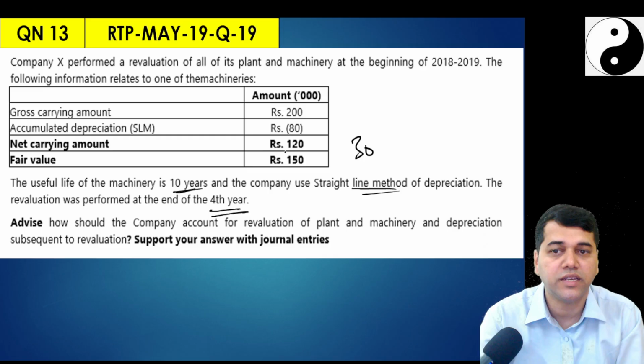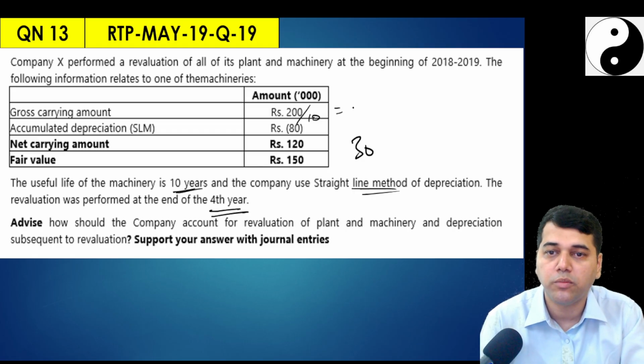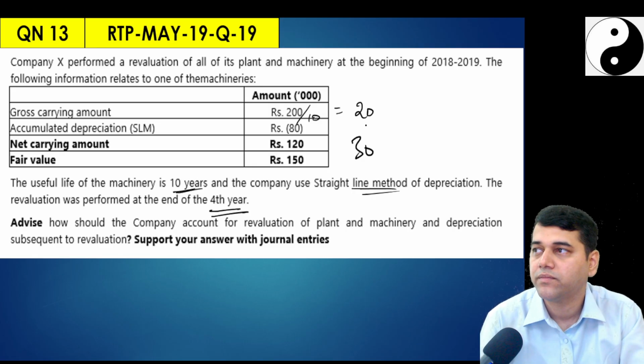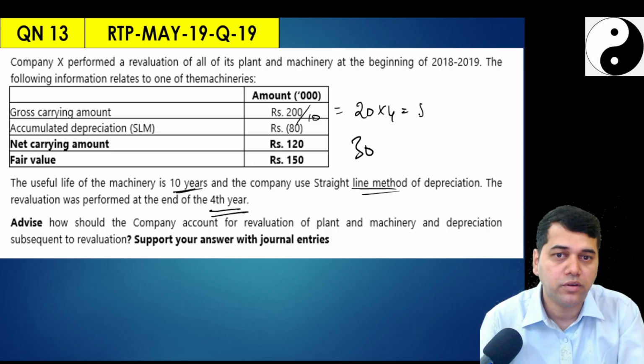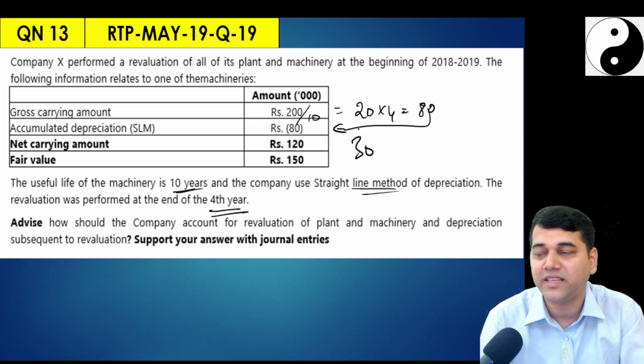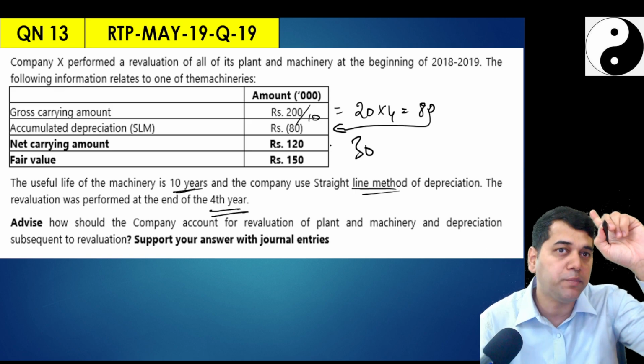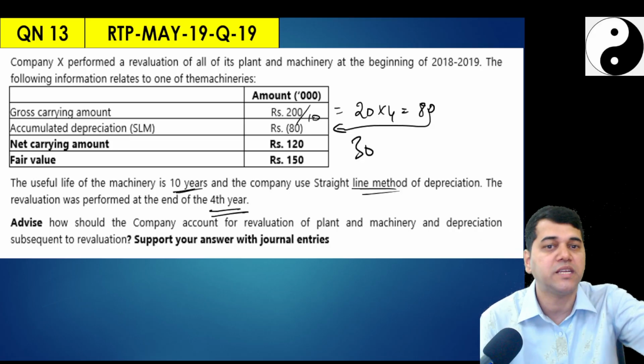Now 200 divided by 10 comes to 20 per year depreciation, into 4 gives you 80. Now it makes sense. That means 4 years back you purchased, and probably this is the first time you are doing revaluation.